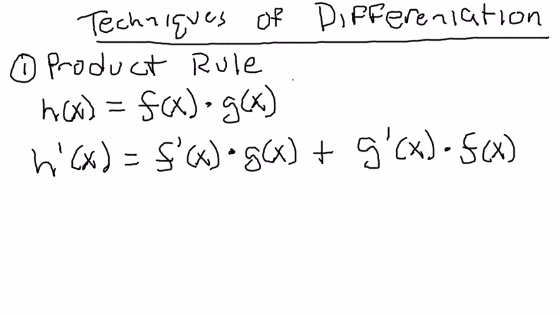Like I said, for our initial problems, a lot of times it's easier just to simplify them and not do the product rule, but down the road you're going to have to use the product rule. Let's take a look at an example of that.